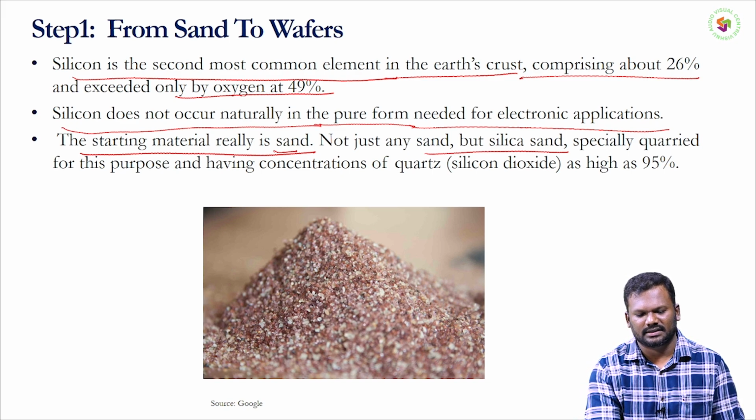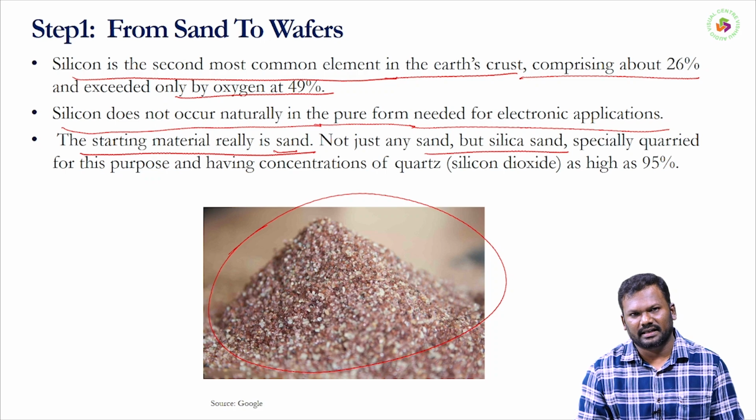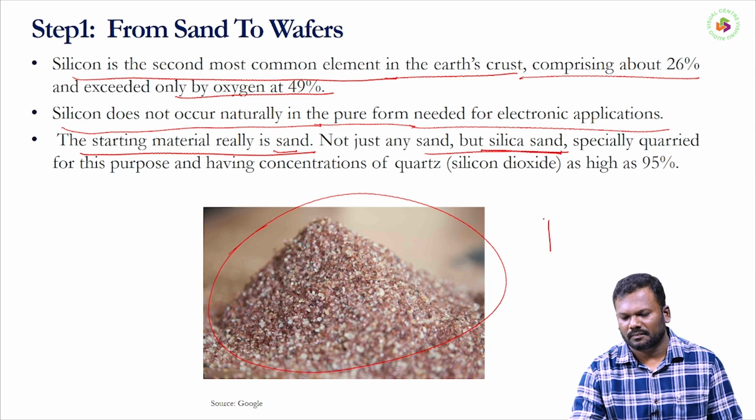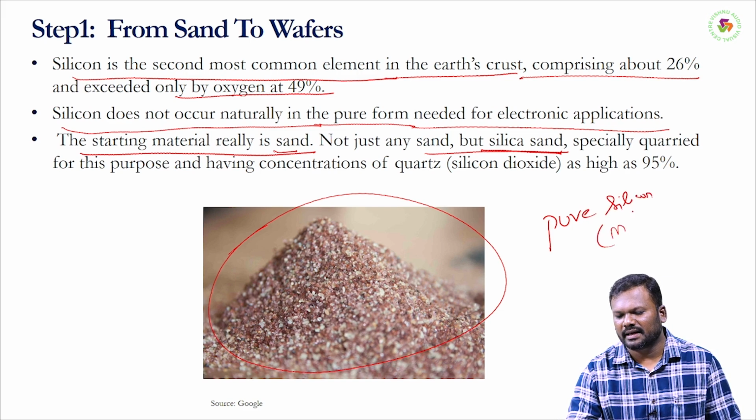As you can see, this is the silica sand. That silica sand you need to convert into pure silicon. The silicon converted from the silica sand we call metal graded silicon.